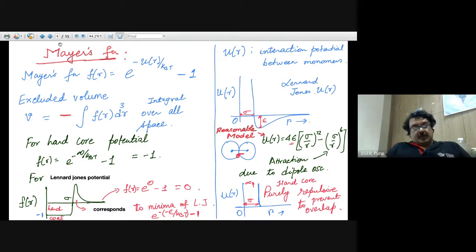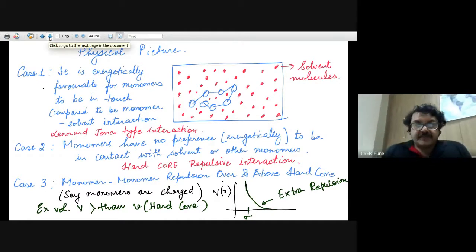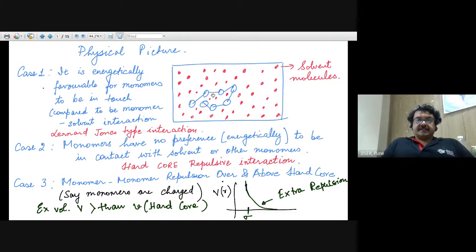Now, before we go on, I understand I've thrown a lot of Mayer function and formulas at you, but what's the physical picture? So basically, when a polymer is dispersed in the solvent, where these red particles are the solvent molecules, and this is a schematic diagram of a polymer chain, you can have 3 different cases. It is possible that it is energetically favorable for monomers to be in touch with each other.